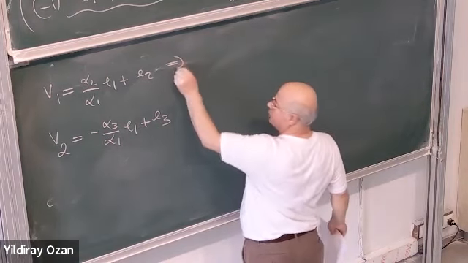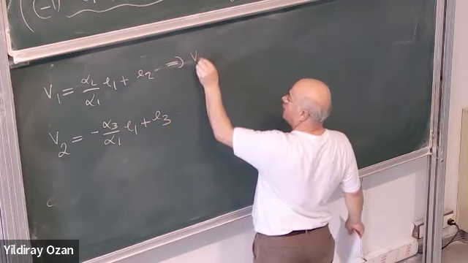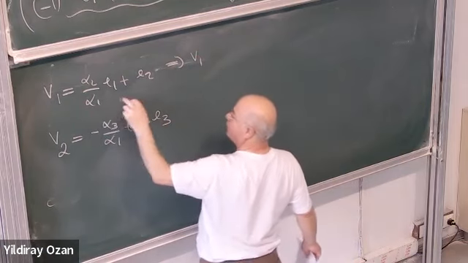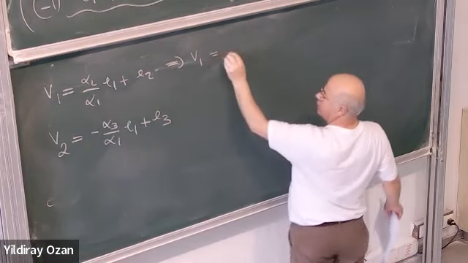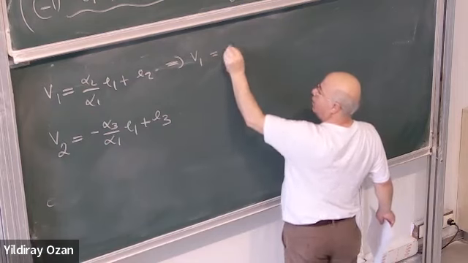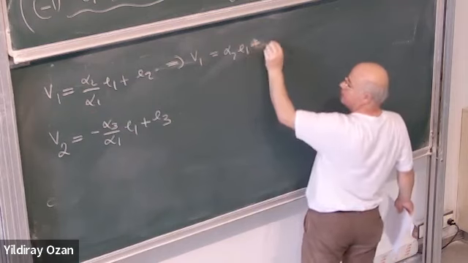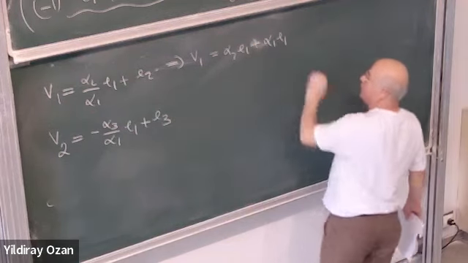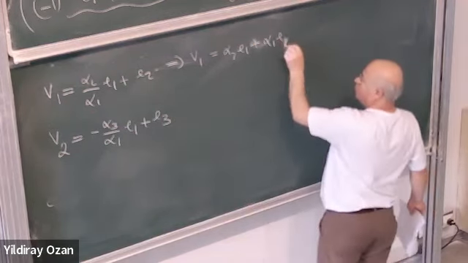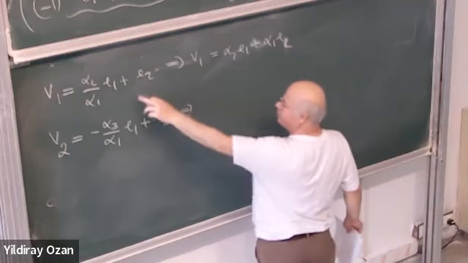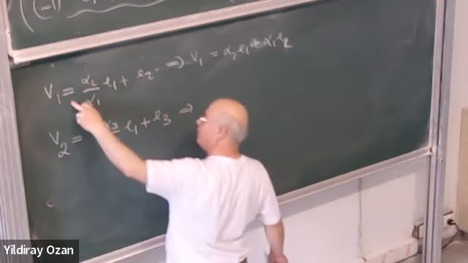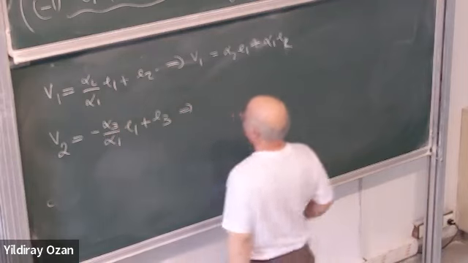Maybe I can show it like this. I can also multiply with alpha 1, so we get this. And so replace it with this vector.